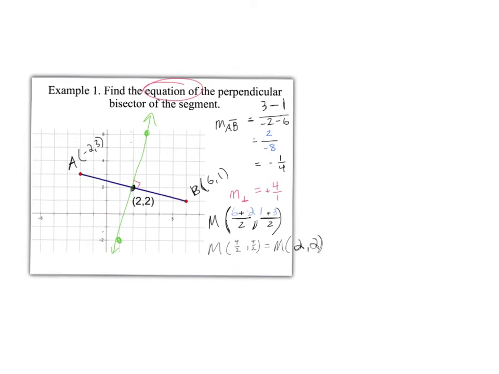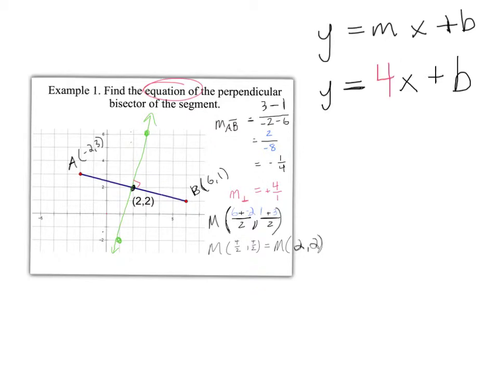So when I want the equation of a line, as you know, I want it to look like y equals mx plus b. And I know the slope of my line from before, so I'll plug that in where it says m. And are we going to leave that? The answer is no. I need to find out what b is. I'm not supposed to leave b as just a letter or a variable.